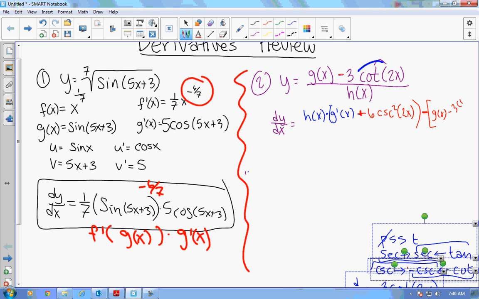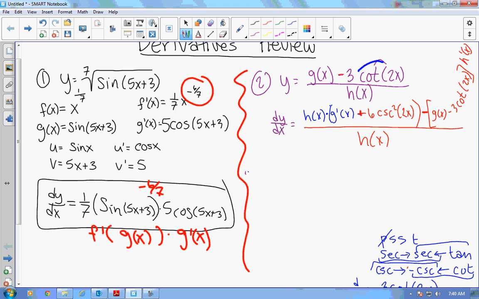Minus 3 cotangent of 2x, because all of this with that subtraction is going to be times 2 h prime of x. Sorry, I'm kind of going upwards. All over h squared of x, or you could just do h of x all squared.